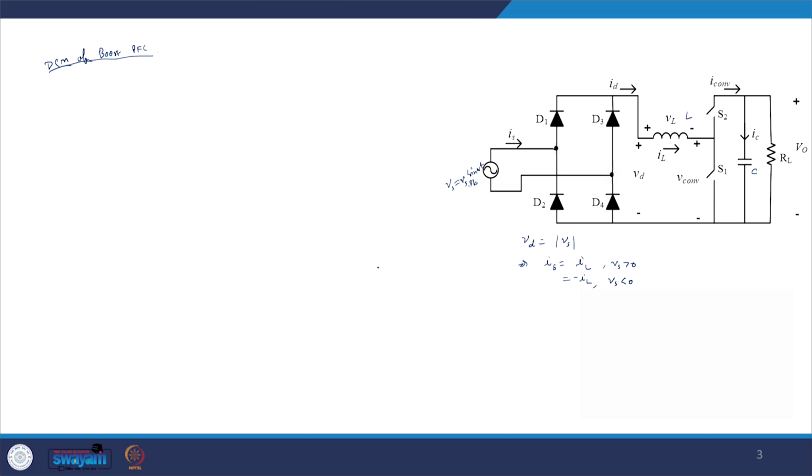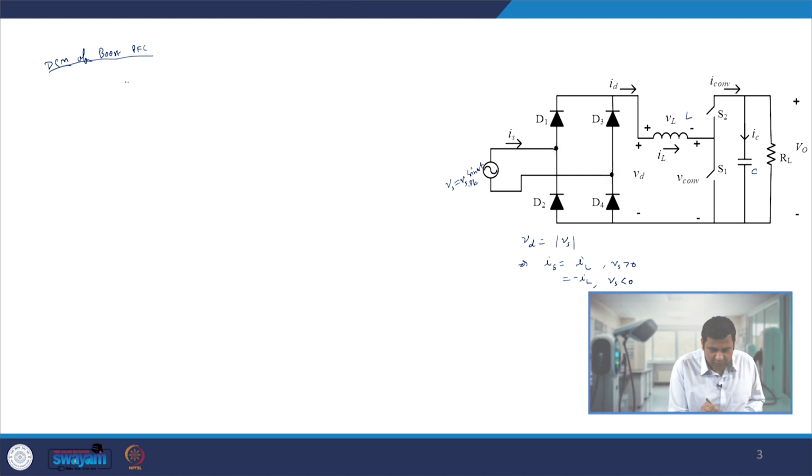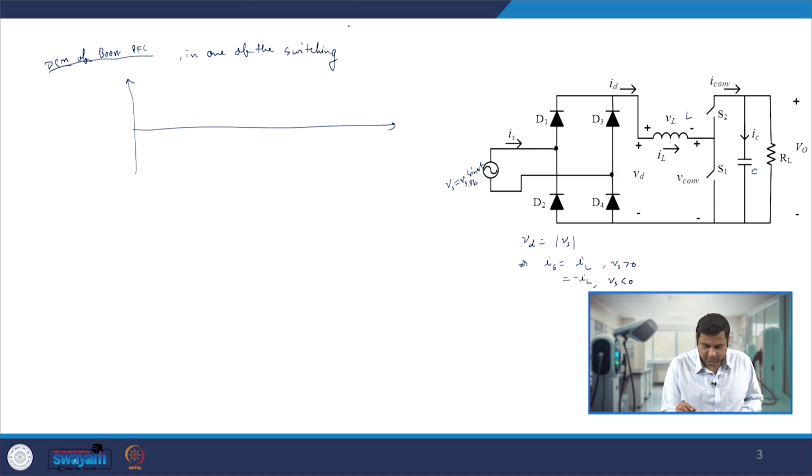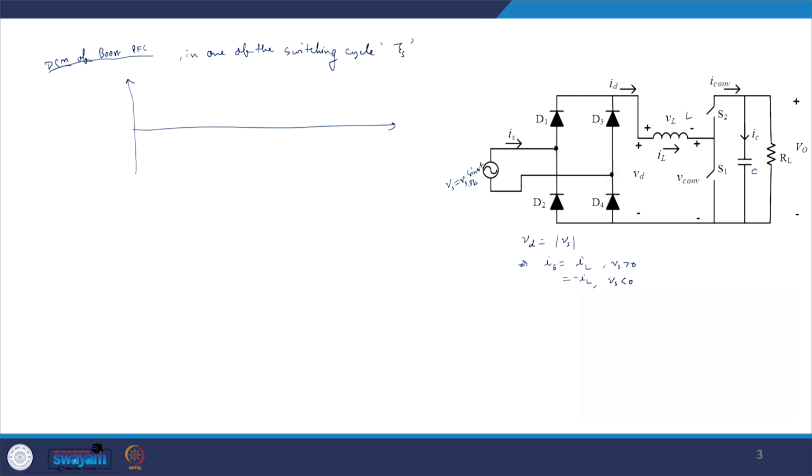So let us take one switching cycle, say TS switching cycle.